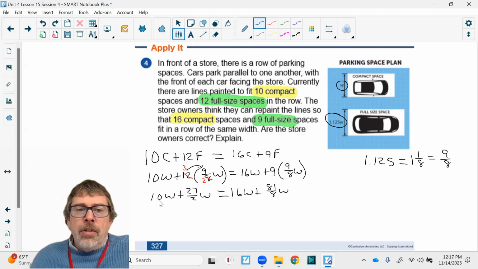So to get 10 to be a denominator of 8 instead of a denominator of 1, I have to multiply by 8. 8 times 10 is 80W. So 80W divided by 8 is the same as 10W, but I now have an 8 in my denominator.